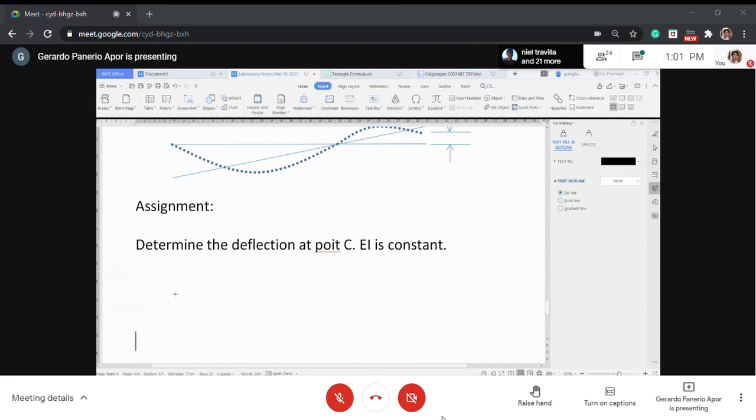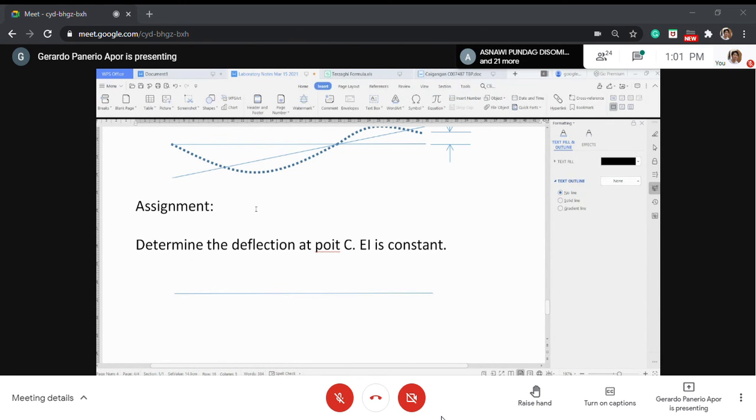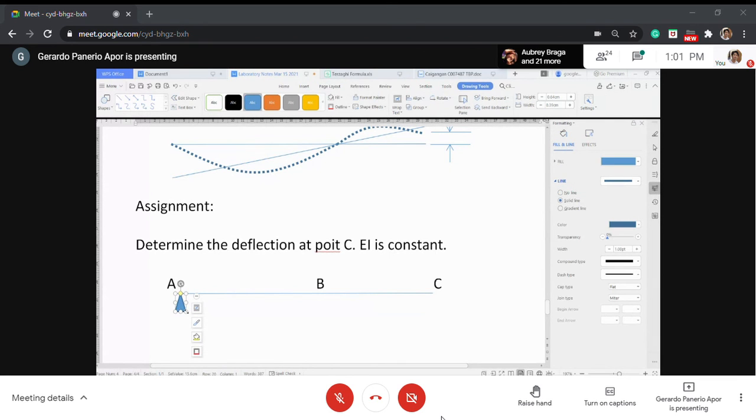You have one here, that will be your point A, this is point B, and this is point C. Now, I will put a triangle at A. It doesn't mean it is not simply supported; this is still simply supported.